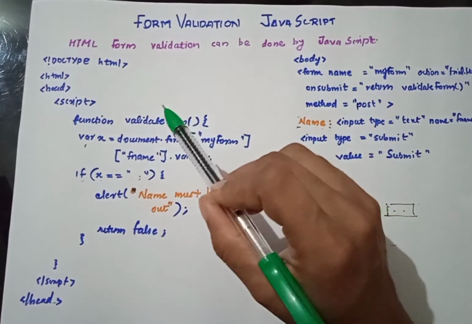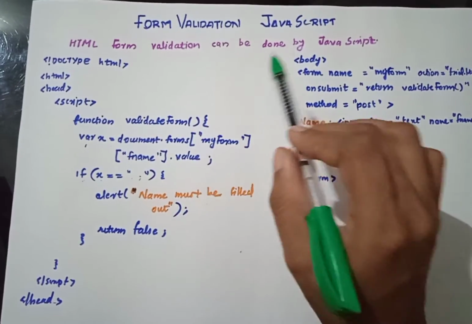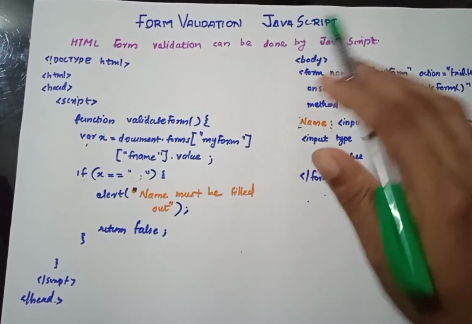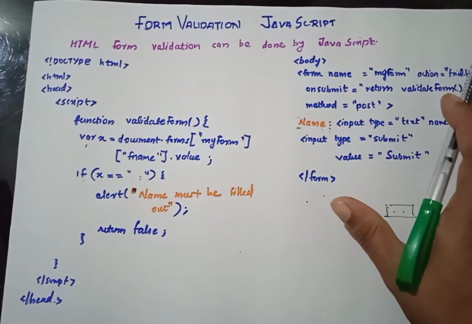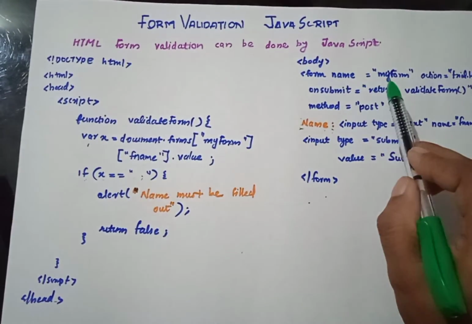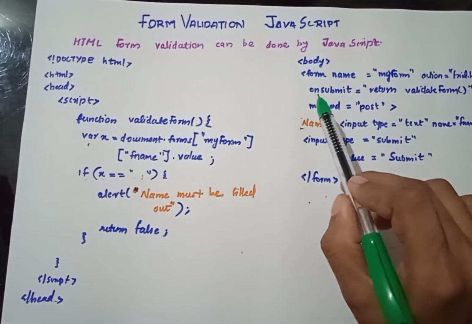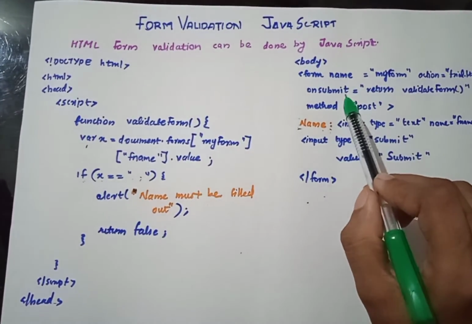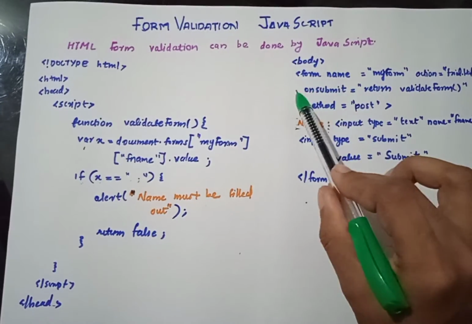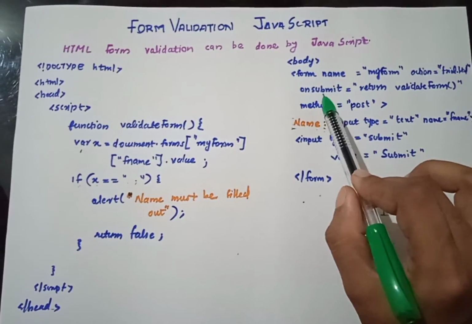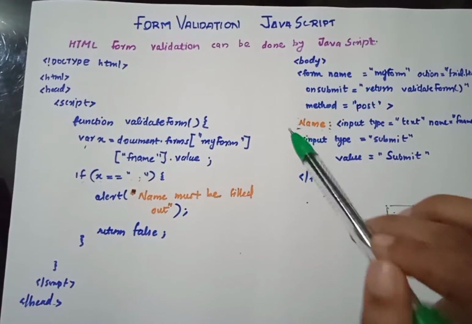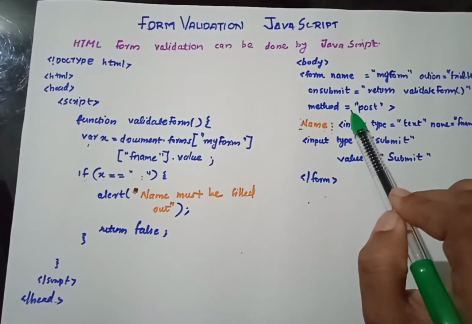Okay, so form validation using JavaScript is normally done like this. Firstly, we must have a form, and that should have an event where this validation takes place, and that should be there in the function. That should be described or stored into an event, then only this kind of action can take place completely.